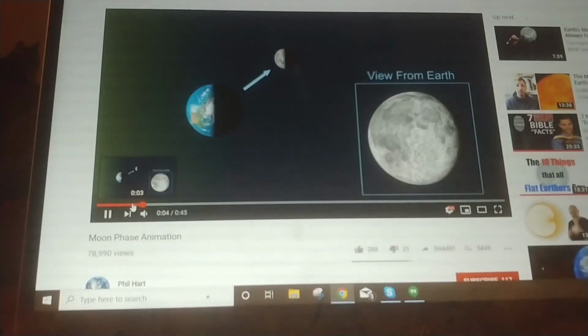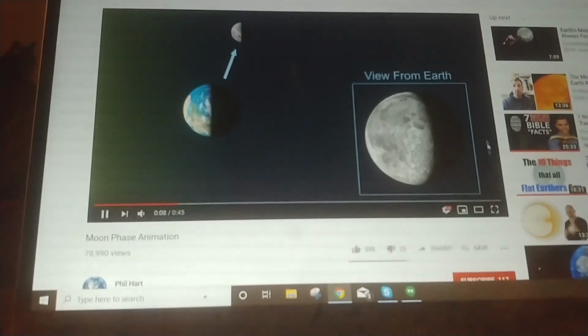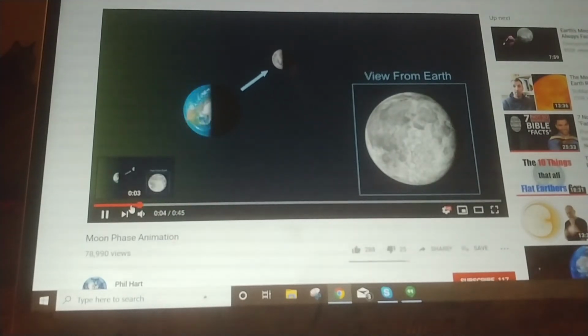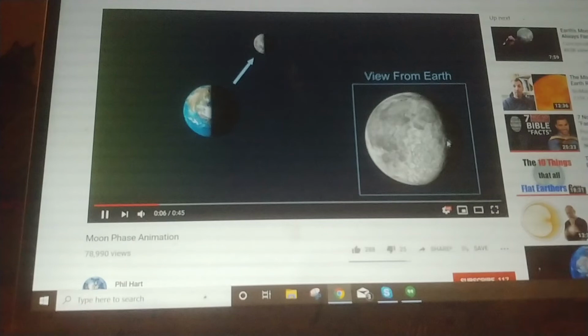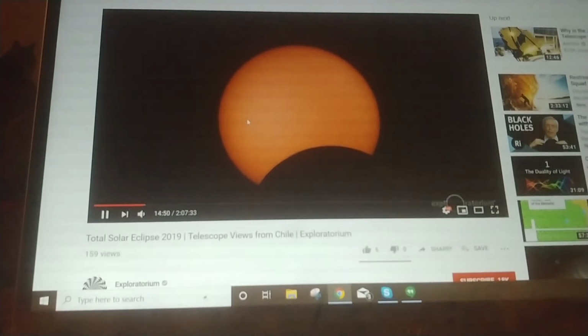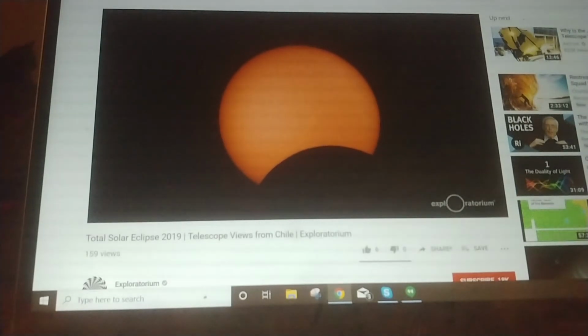See how it goes all the way around the outside? The entire shadow is its own little crescent. Look at that crescent shadow. It doesn't work like that. That's not how moon phases or solar phases work.